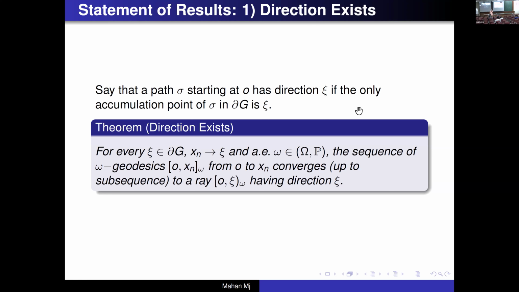The boundary of hyperbolic space is much more rigid than the boundary of Euclidean space. Two asymptotic directions, that's right.